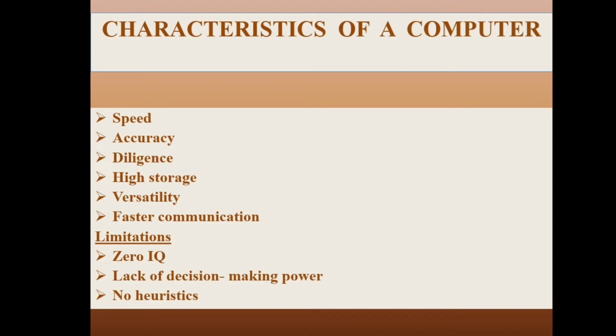It works only within the limits of what it has been instructed to do. In simple language, the computer does not have its own brain, it will do whatever you ask it to do. Whatever commands you put, it will follow that only. That is why we say that a computer has 0 IQ.